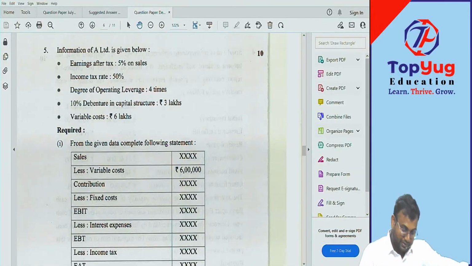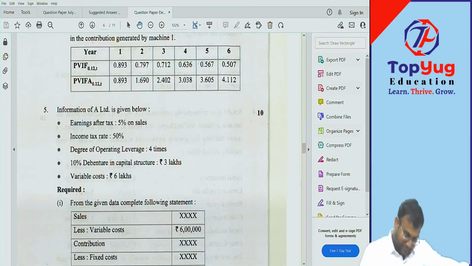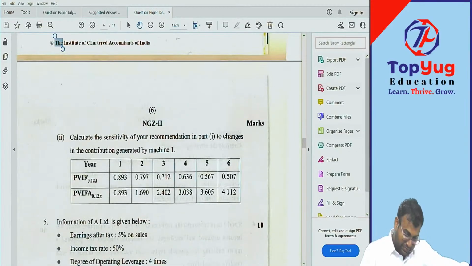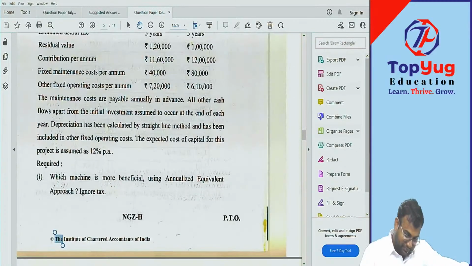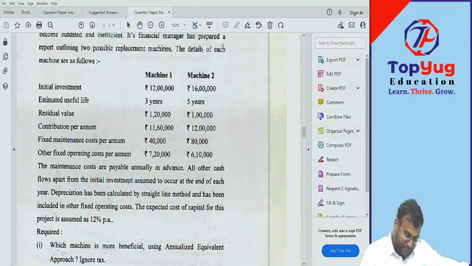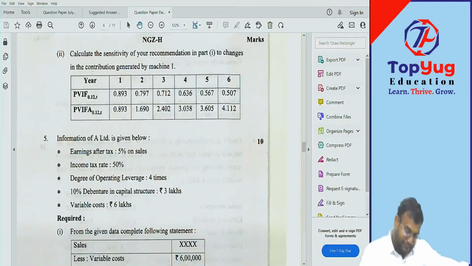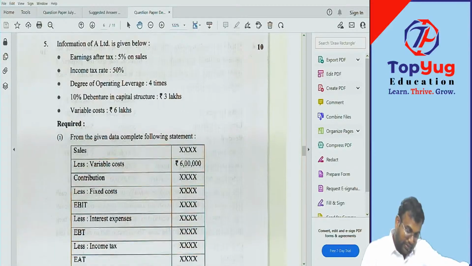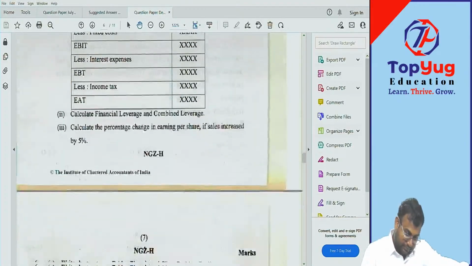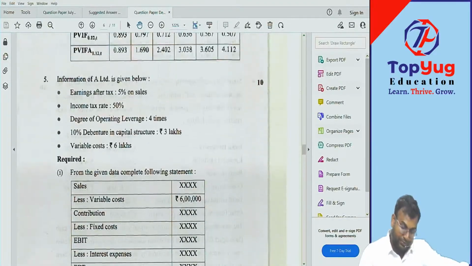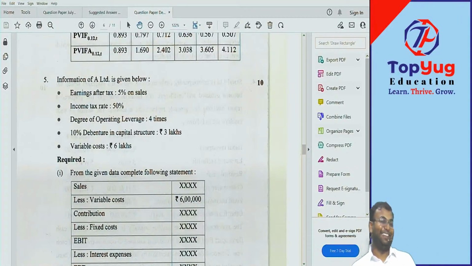Here it is. This problem looks to be very... 10 marks problem. Contemplating replacement, this is a capital budgeting problem. Fifth problem, again 10 marks.